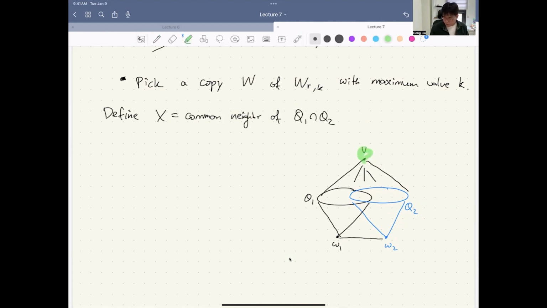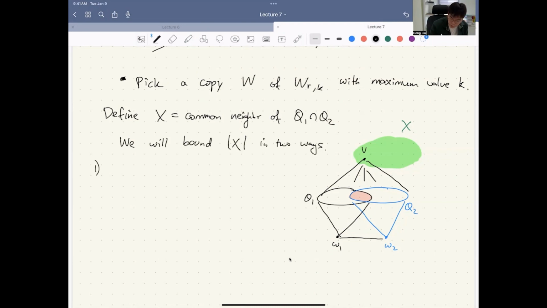This is X. X contains all common neighbors of this part, Q1 intersect Q2. You see I put V in here because V is a common neighbor of Q1 intersect Q2. So V is a vertex in X. We will bound the size of X in two ways.